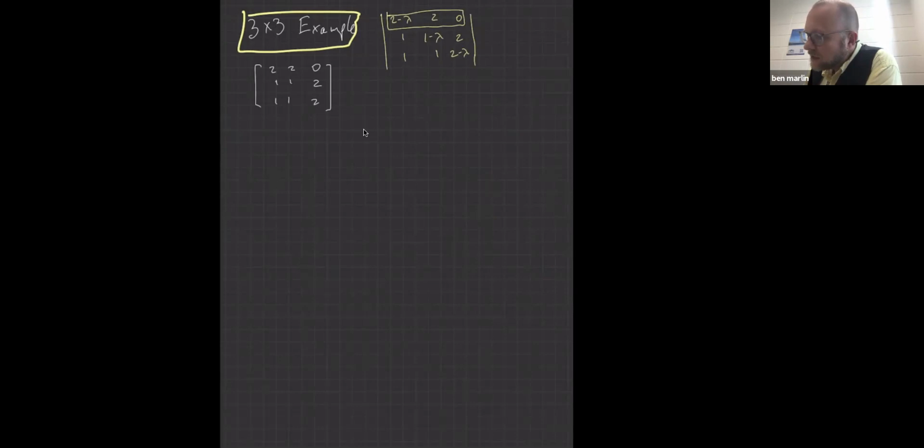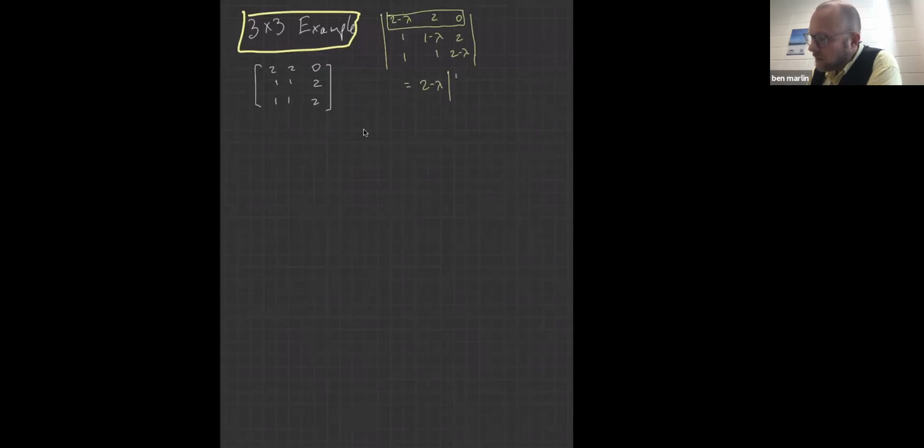So for this here, we're going to take that determinant and have 2 minus lambda times, and then I'm going to block off this column and row and see what I have left.